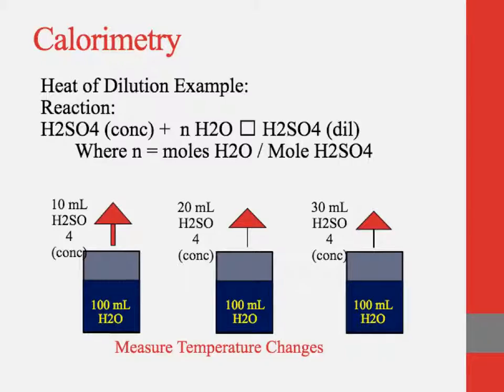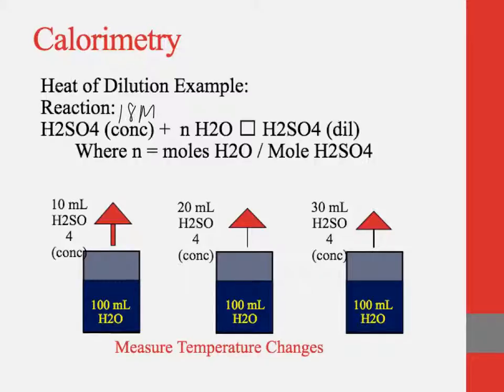So in this example, they're talking about the heat of dilution of sulfuric acid. So taking concentrated sulfuric acid and water and producing more diluted sulfuric acid. But when they talk about concentrated, they're talking about starting with 18 molar.